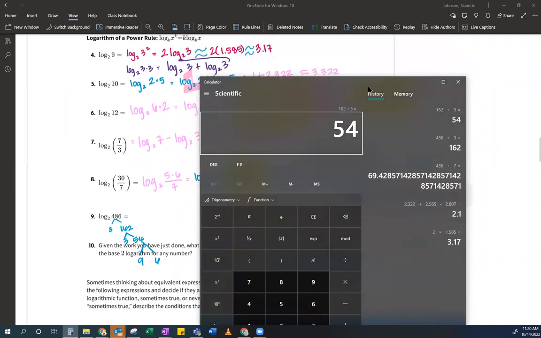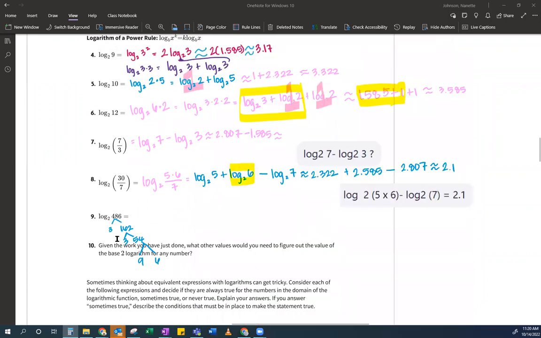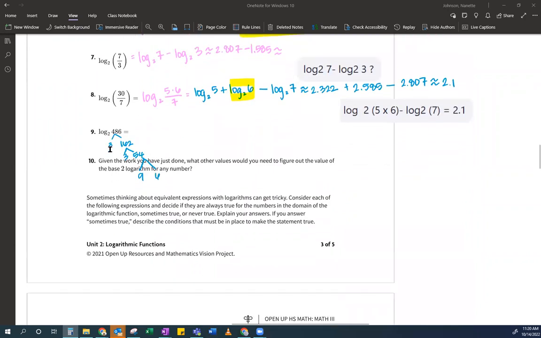So this is how I played with 486, and I got 3 times 3 times 9 times 6. So I'm going to write that out: log base 2 of 3 times 3 times 9 times 6.